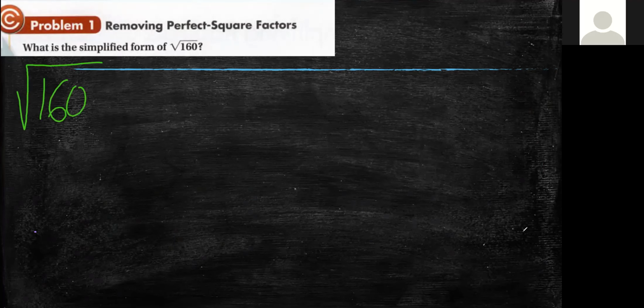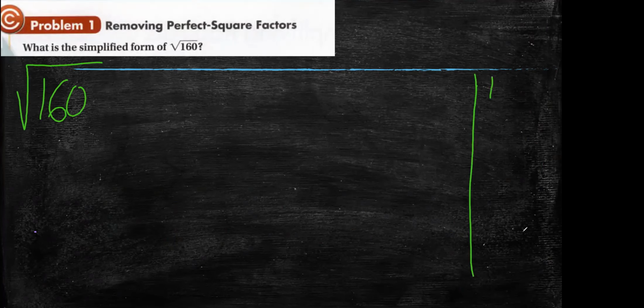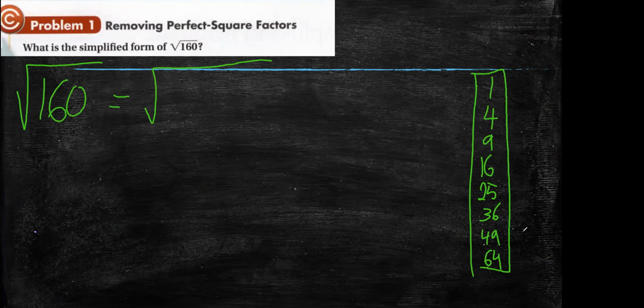Now, before we simplify, I will write here the perfect square numbers: 1, 4, 9, 16, 25, 36, 49, 64, and so on. Now, I want you to think and try to search for one from these perfect square numbers that, if you multiply it by another number, you get 160.